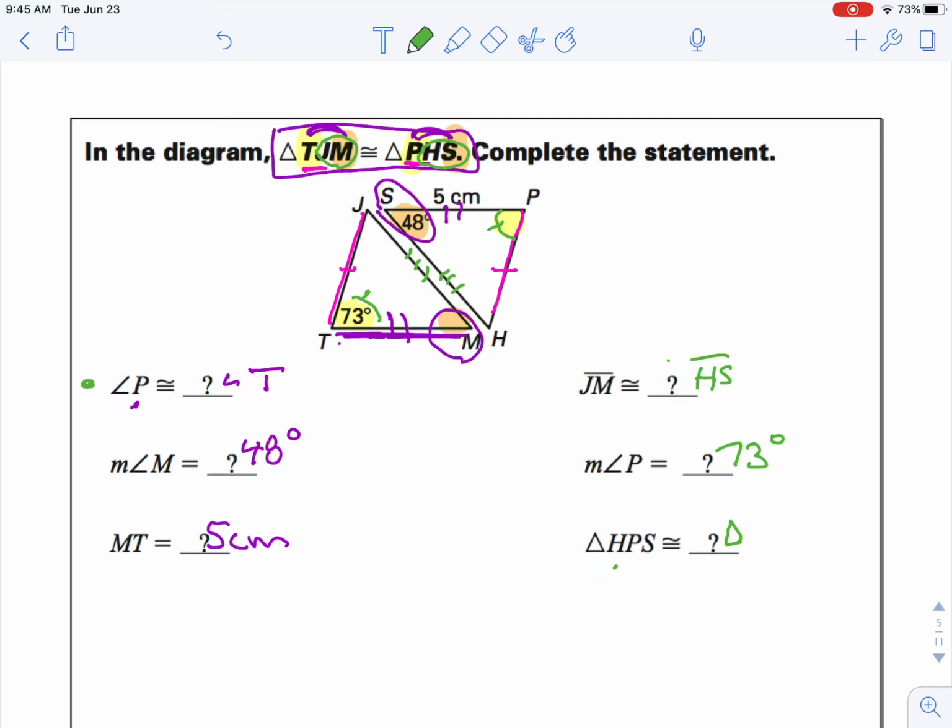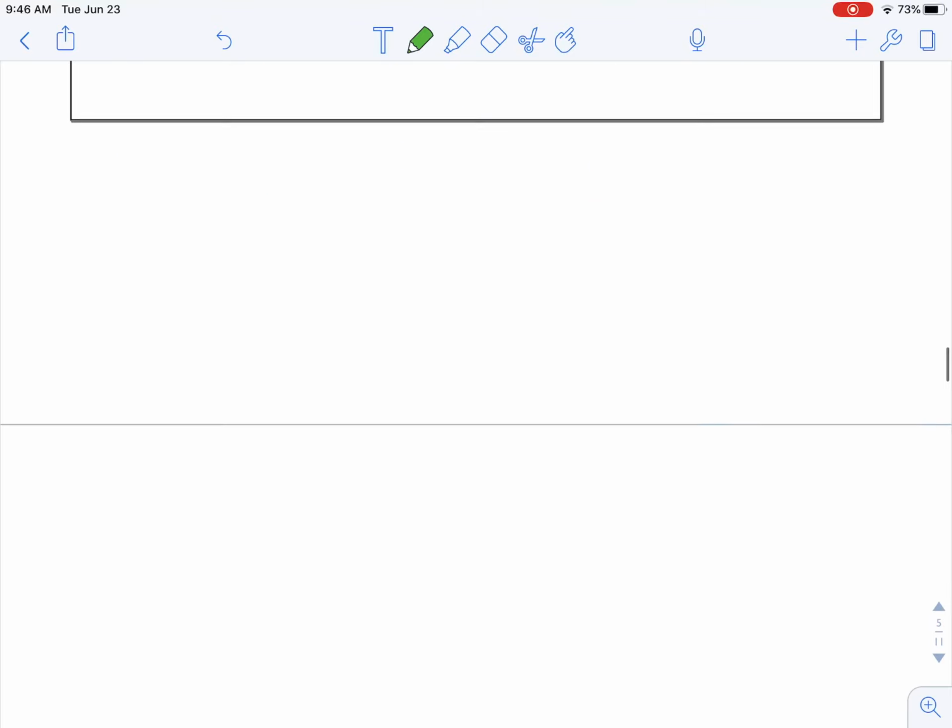Again, order matters. So H has to correspond with J. P has to correspond with T. And S has to correspond from the original triangle to M. So again, order is super important.